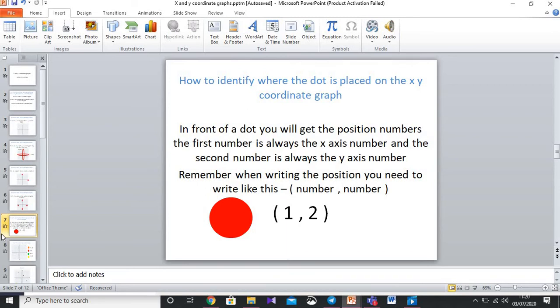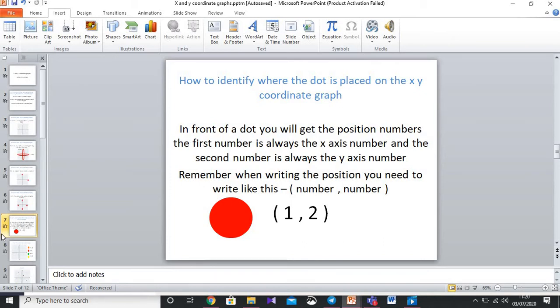Now, let's look into how to identify where the dot is placed on the XY coordinate graph. In front of a dot, you will get the position numbers, but remember, not always. The first number is always the x-axis number and the second number is always the y-axis number.